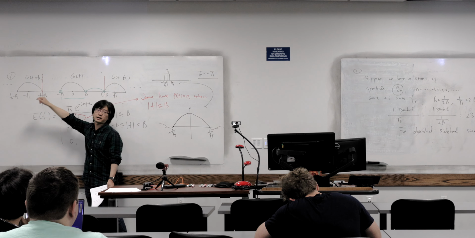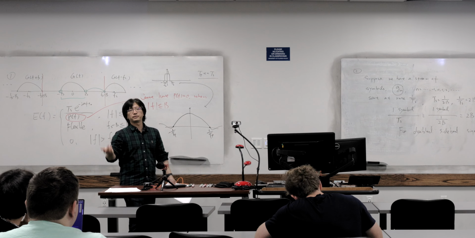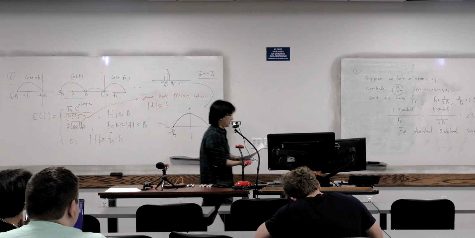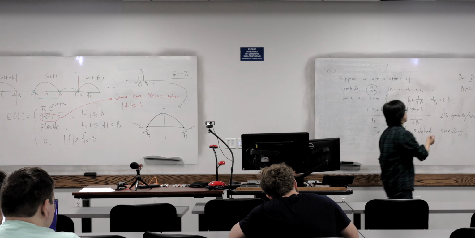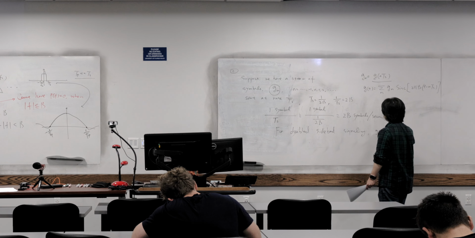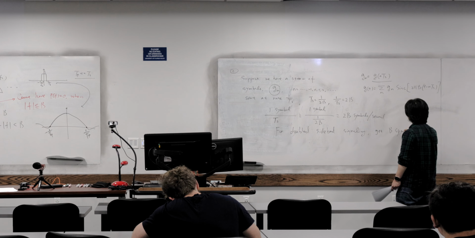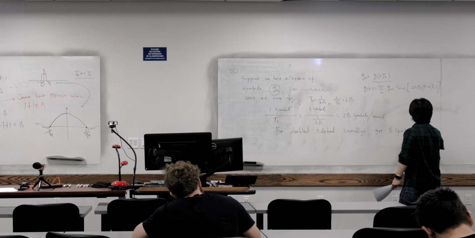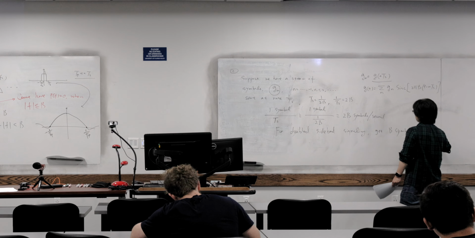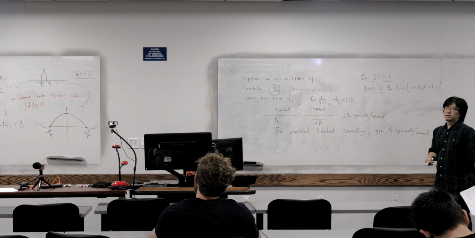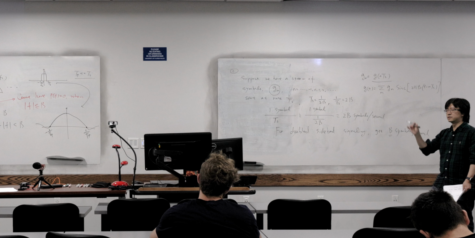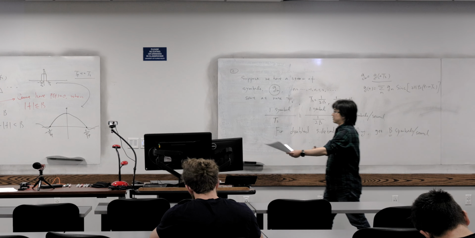In that case, the bandwidth is doubled. We have 2B for the bandwidth. So in that case, we need to reduce it, and we just get B symbols per second, because the bandwidth is doubled.